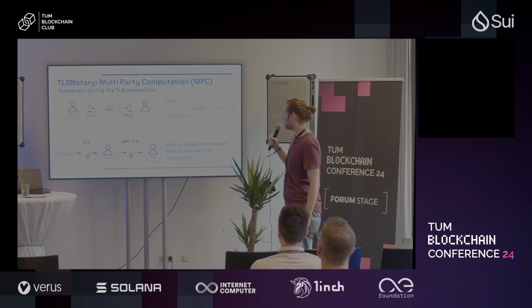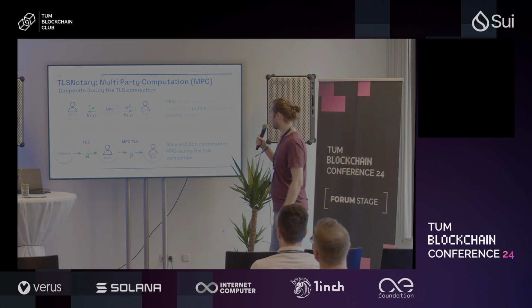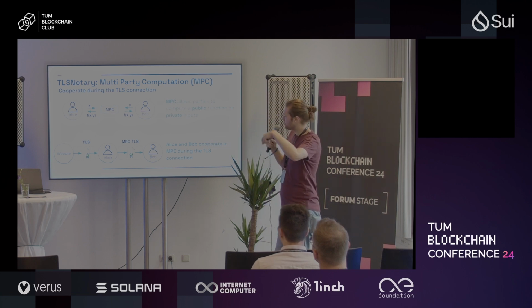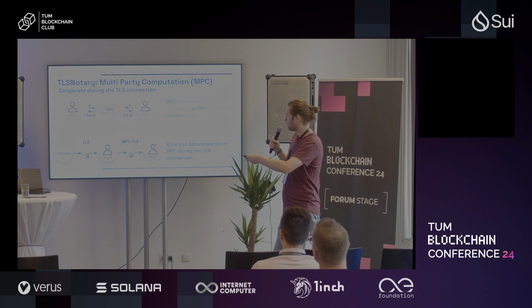So Alice and Bob are operating an MPC TLS connection. You see it here. Alice still connects to the website with TLS, and now only the client role is split between Alice and Bob, and they operate this MPC TLS connection together.